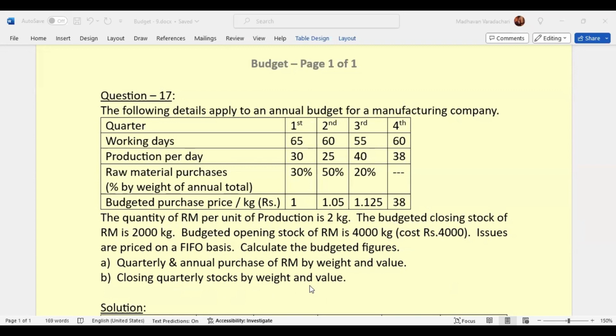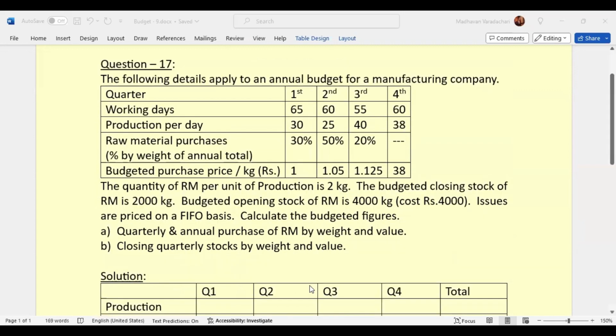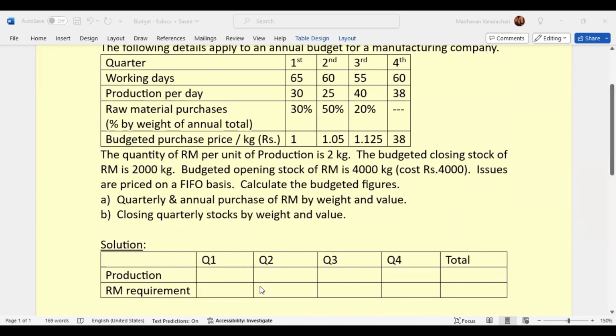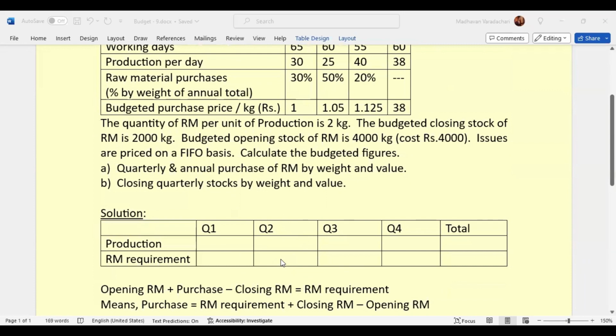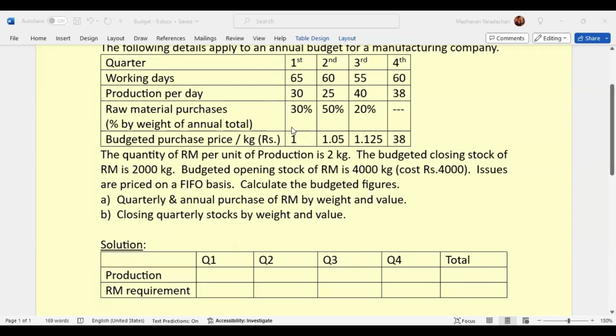Now let us proceed with the solution. First of all, we need to find out the production. Production is given per day, 30 units per day. Working days is given as 65.